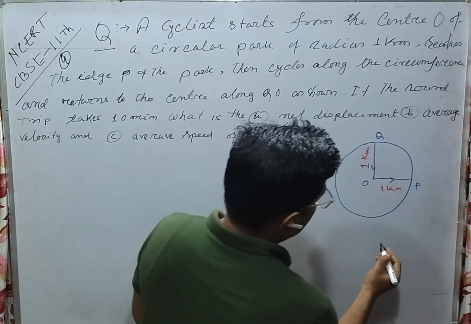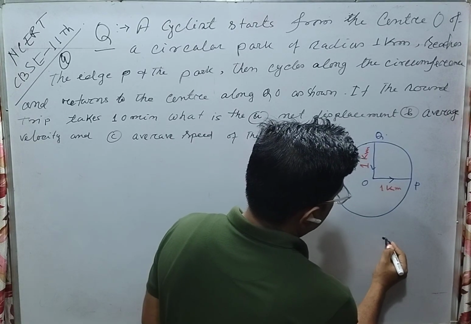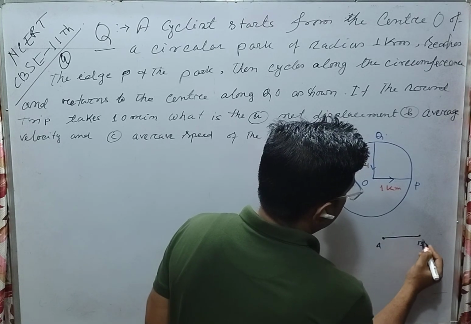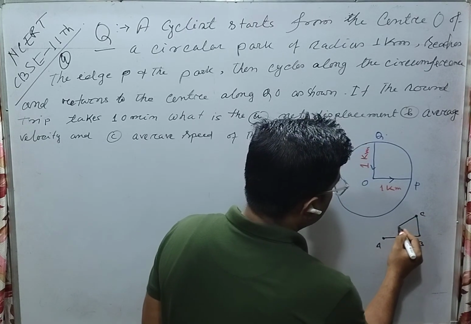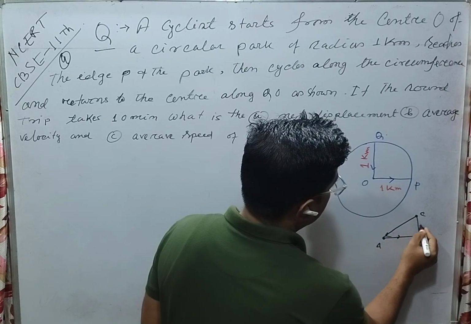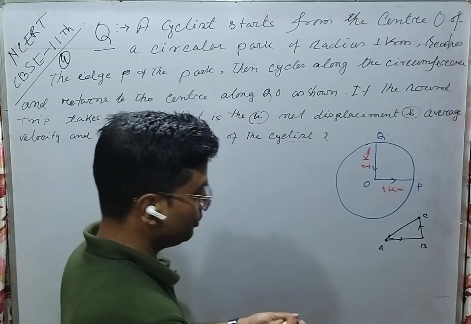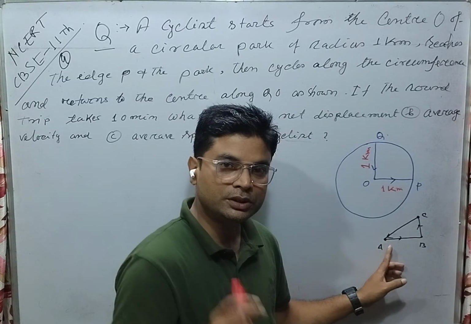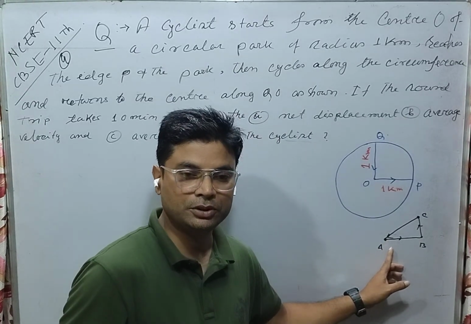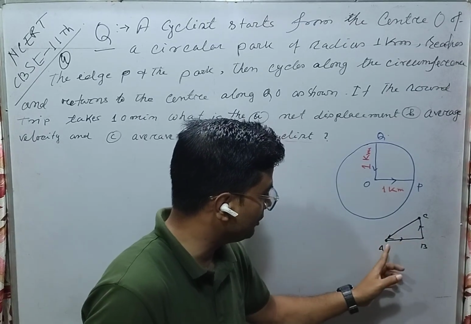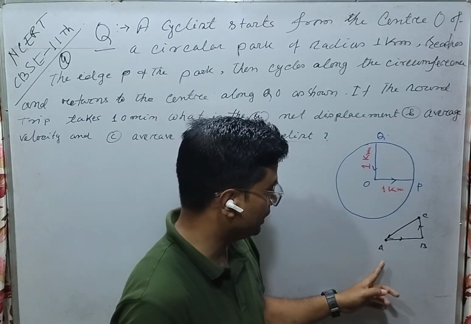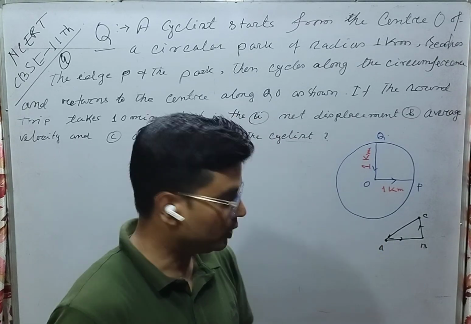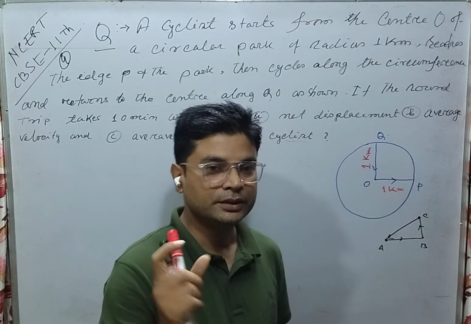Suppose you start from A and cover a distance from A to B, B to C, and come back to the point A. In this case, your displacement will be 0, because the initial position of the trip is A and the final position of the trip is also A. It means your journey starts from A and ends with A. Because of that, the displacement will be 0.